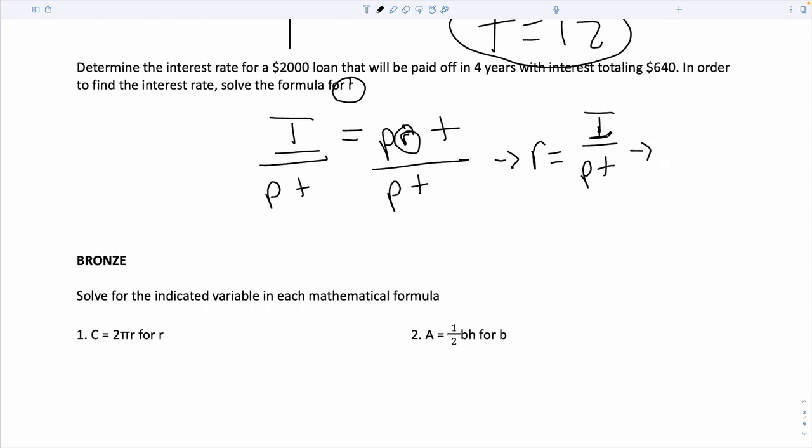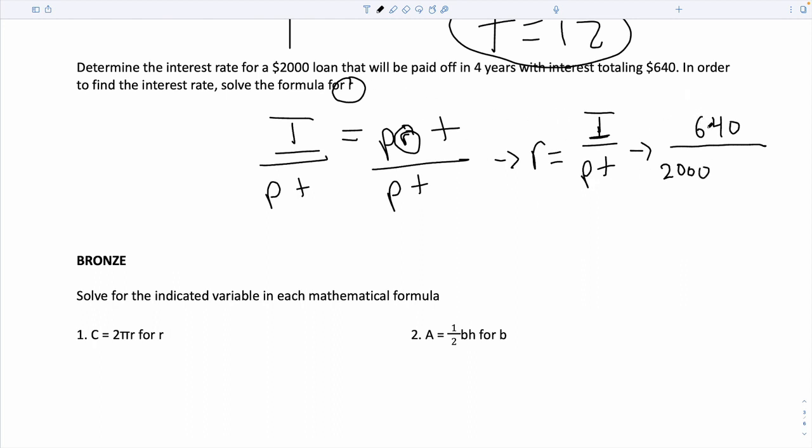What is my interest going to be? The total interest for this guy should be what, Kylie? What's the number of interest? 640. What's the principal for this loan, Elliot? What's the principal? 2,000. That's the amount I'm taking out.